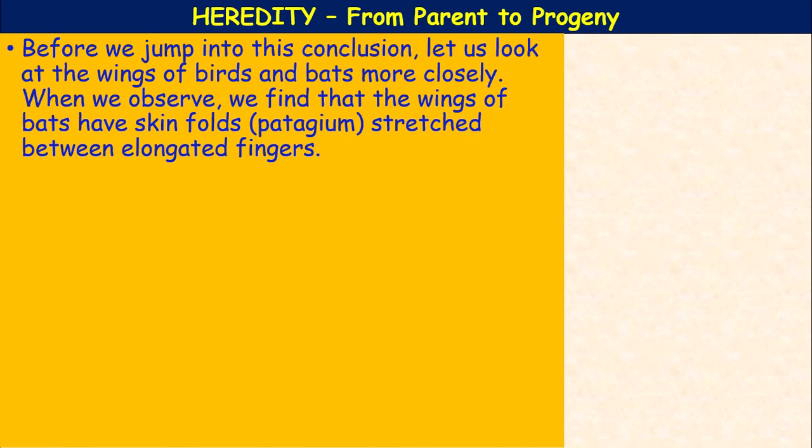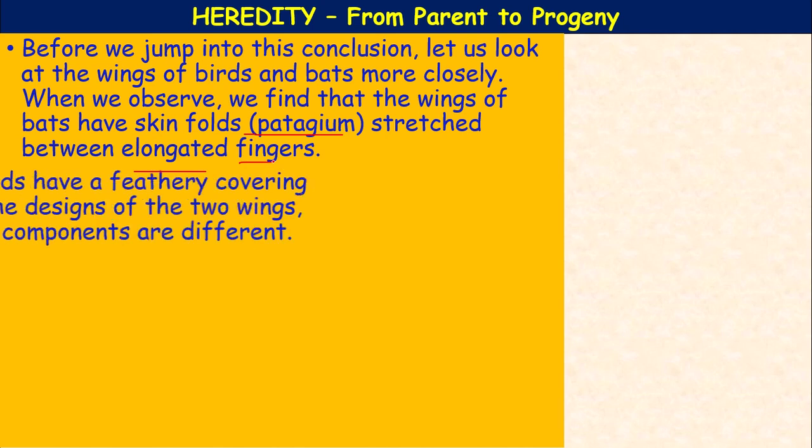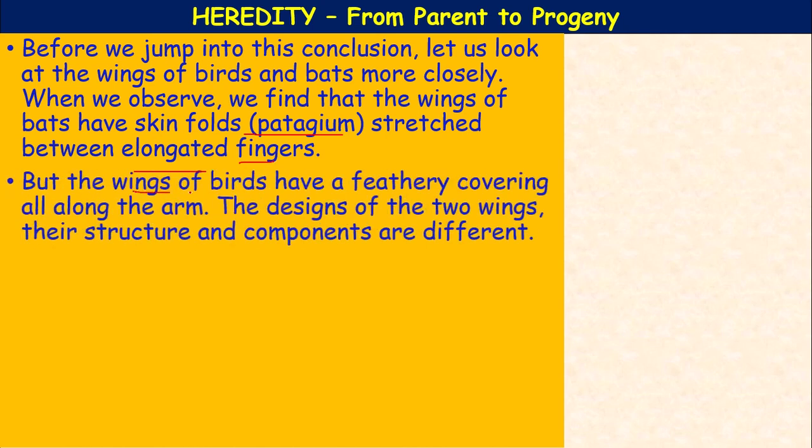When we observe, we find that the wings of bats have a special skin fold called patagium, which is stretched between the elongated fingers. But the wings of birds have a feathery covering all along the arm.